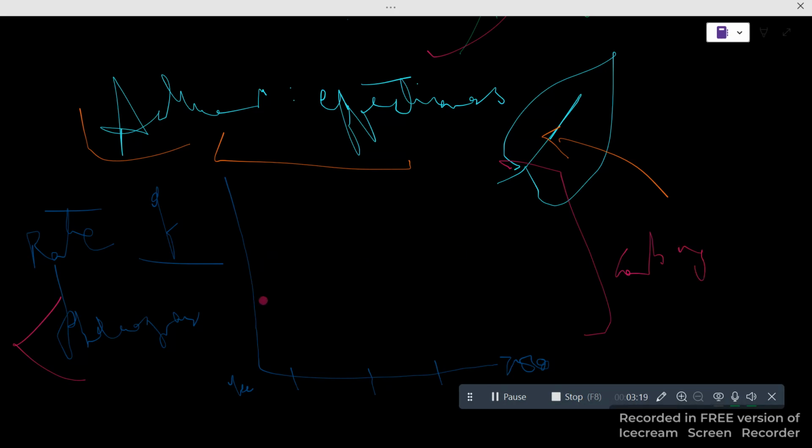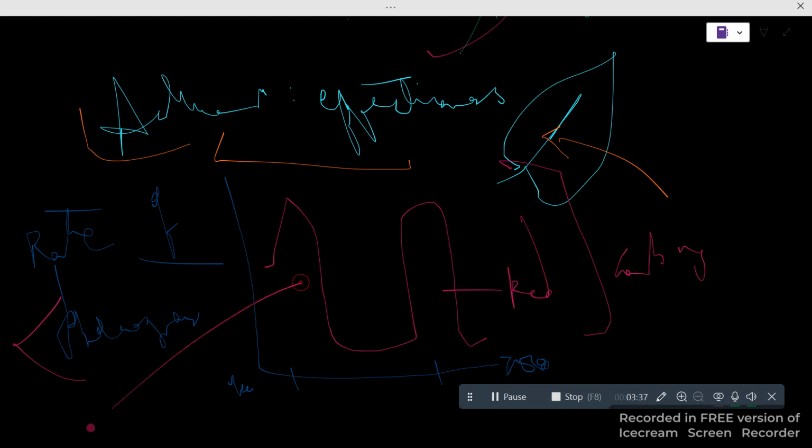Here the graph would be like this: blue would be gone, green would not be gone, and red would again increase. The graph is like this: this is the red color which would absorb, this is the blue color which would also absorb, but this color you see is the green color which is not absorbed.